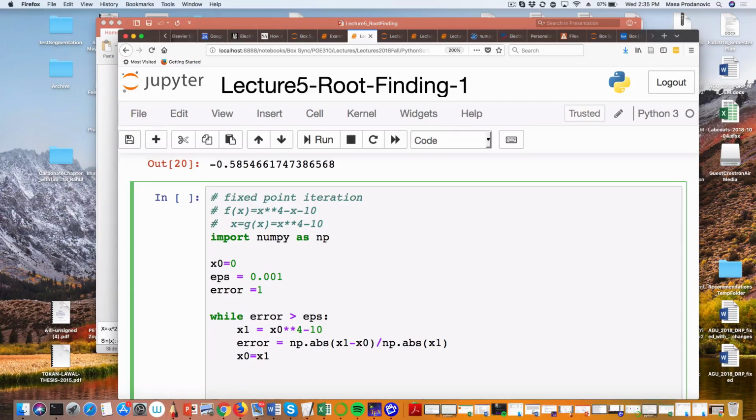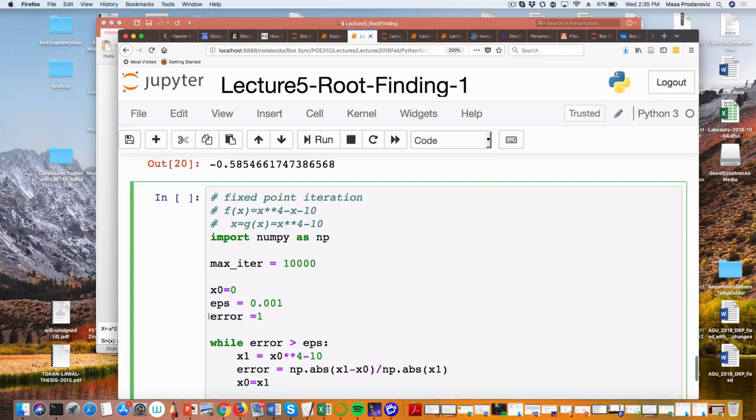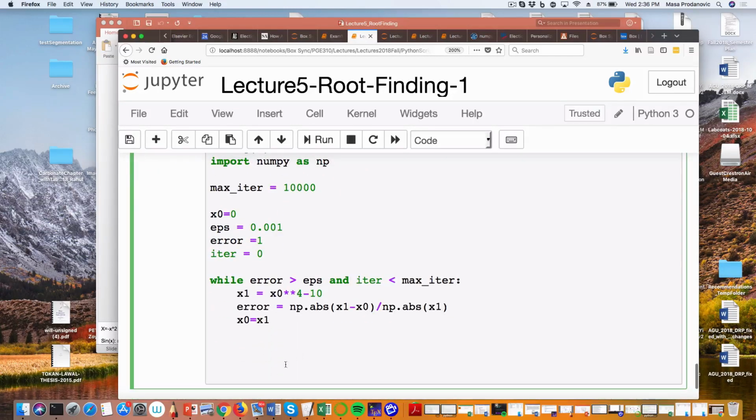So I would like to set up the maximum number of iterations. So I'm going to say maximum number of iterations is 10,000. This is iteration 0. And here, iteration less than maximum iterations. So I'm going to increment iterations.